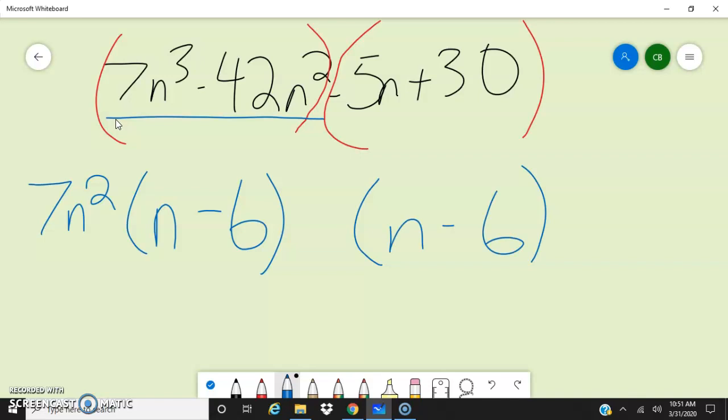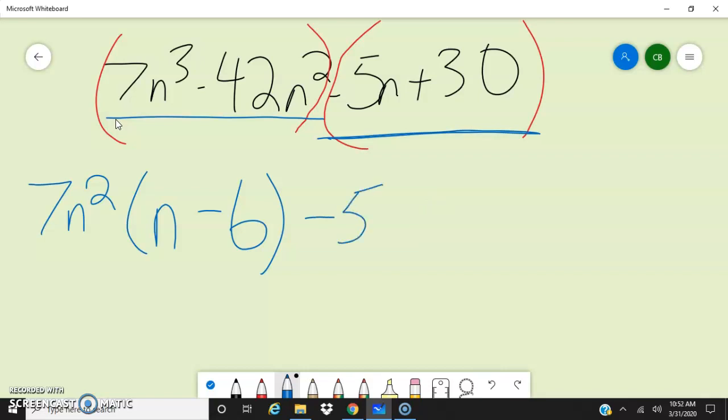So I have to ask myself, what do I have to divide this expression by to get this n minus 6? What I actually need to do is divide out a negative 5.